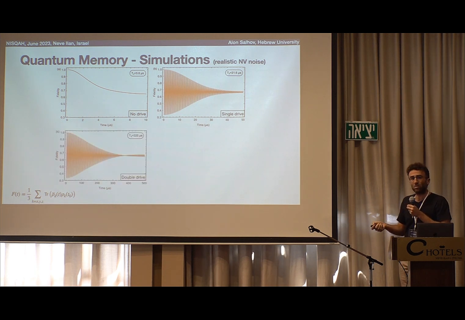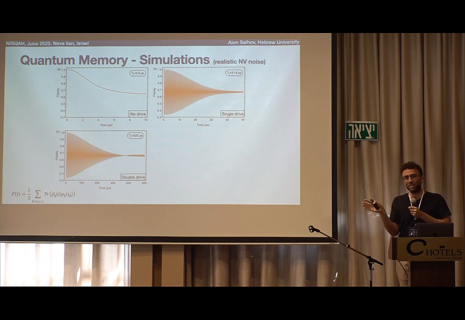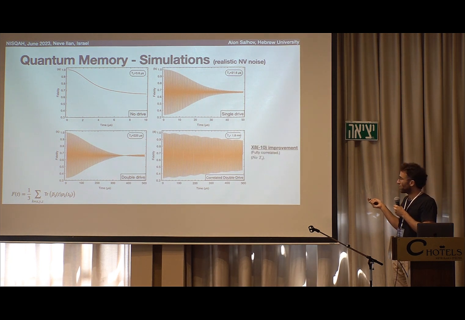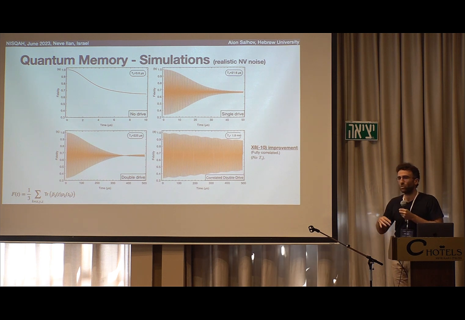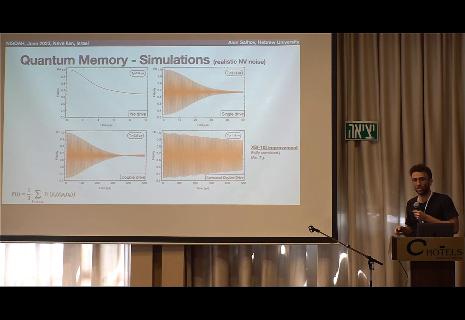This is the standard double drive scheme. We get about 220 microseconds of coherence time. And now let's just make this slight detuning for the correlated double drive scheme. And what we get is an improvement by about a factor of 8 to 1.8 milliseconds. This is a simulation where the noise is fully correlated, and we got an 8 to 10 improvement factor depending on the parameters. And there's no T1 in the simulation.